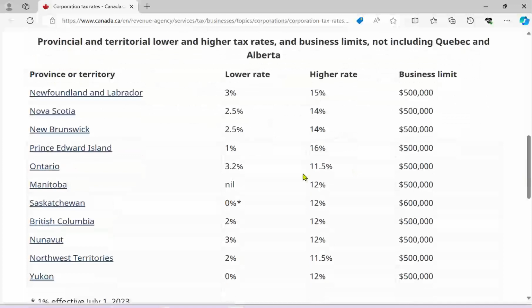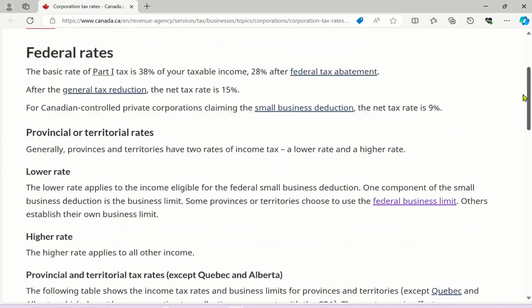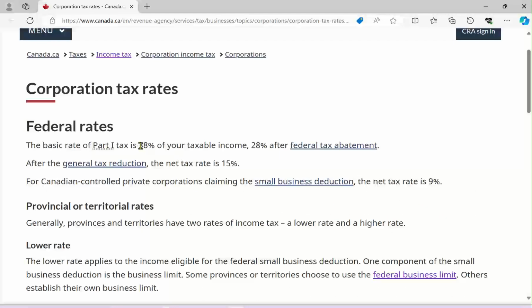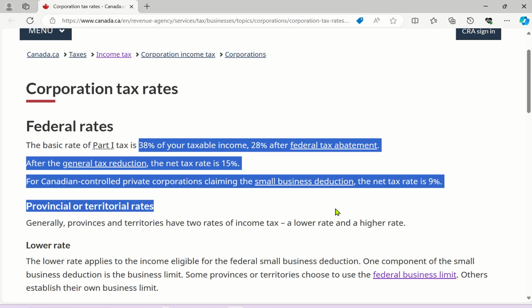You can see Ontario is 3.2% for any amount at the lower rate, and for the higher rate, it's 11.5%, assuming that's above the 500,000. And this is the Part 1 federal tax. So you could take a look at that.